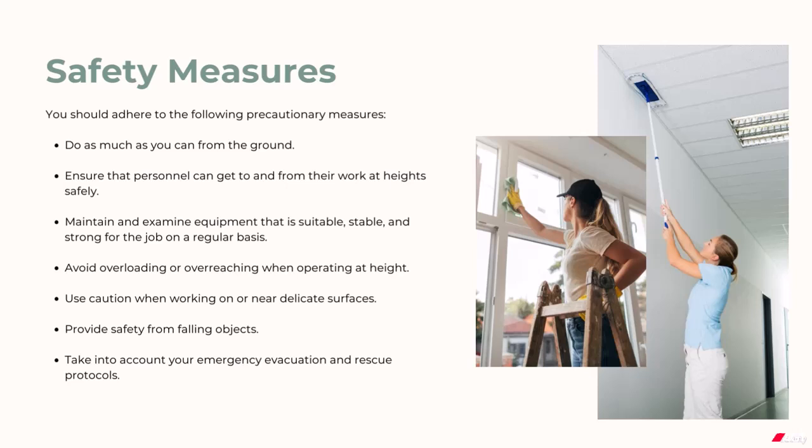Avoid overloading or overreaching when operating at height. Use caution when working on or near delicate surfaces. Provide safety from falling objects. Take into account your emergency evacuation and rescue protocols.